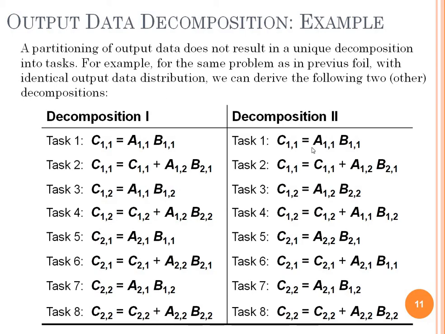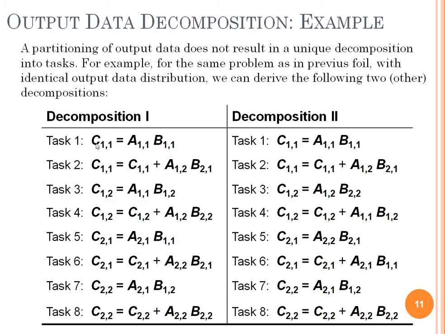Now see the second one: a partitioning of the output data does not result in a unique decomposition into tasks. For example, for the same problem as in the previous slide, with identical output data distribution, we can derive the following two other decompositions.